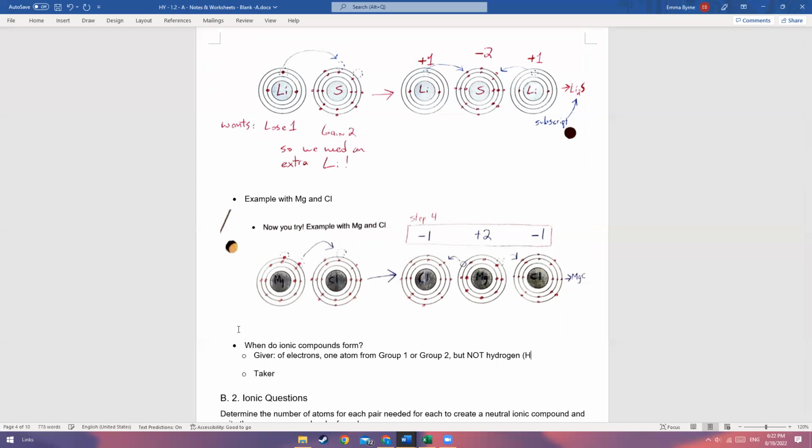Remember, hydrogen is the first atom on the periodic table. The taker, what are they taking? They're taking electrons. And those are usually atoms from groups 5, 6, or 7.